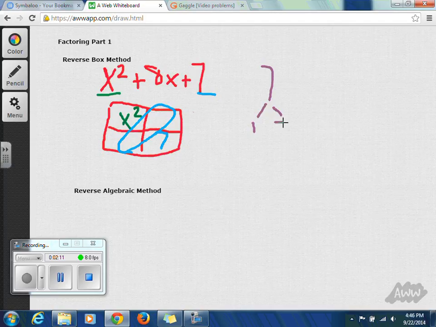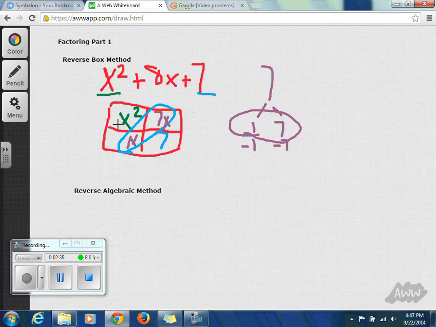Well, there's 1 times 7, and there's -1 times -7 that give me 7. Out of these combinations, only one of them adds up to give me 8, and that is this one here. So that tells me that 7x and 1x should be my combined efforts that make 8x.